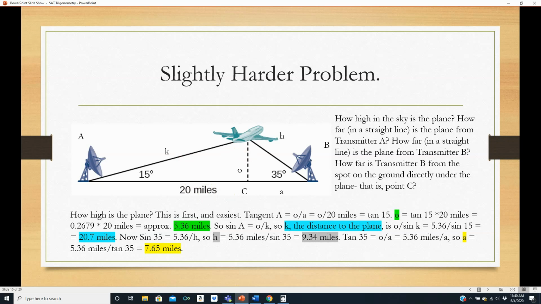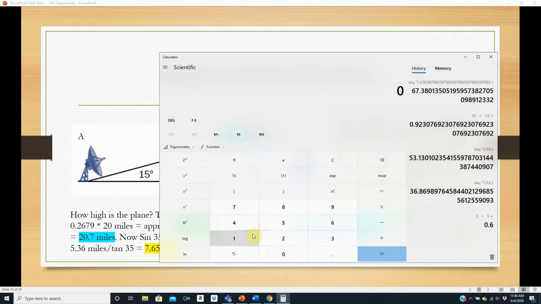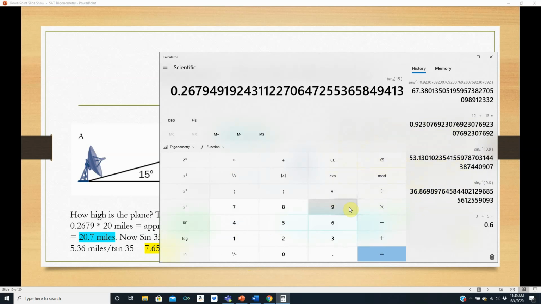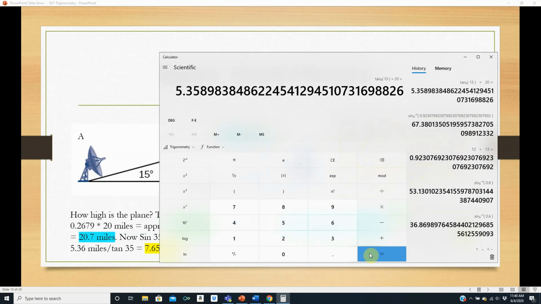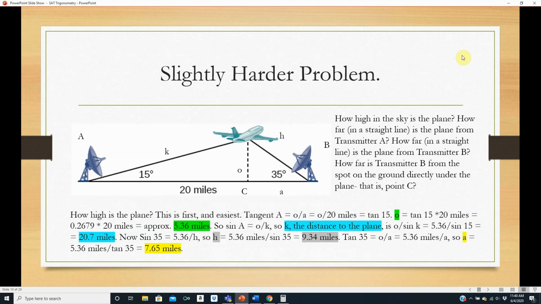Then you just multiply tangent of 15 times 20 miles, which is 0.2679. We can check that just in case I made a mistake. So that's 0.267 times 20. We're getting 5.358, so roughly 5.36 miles.